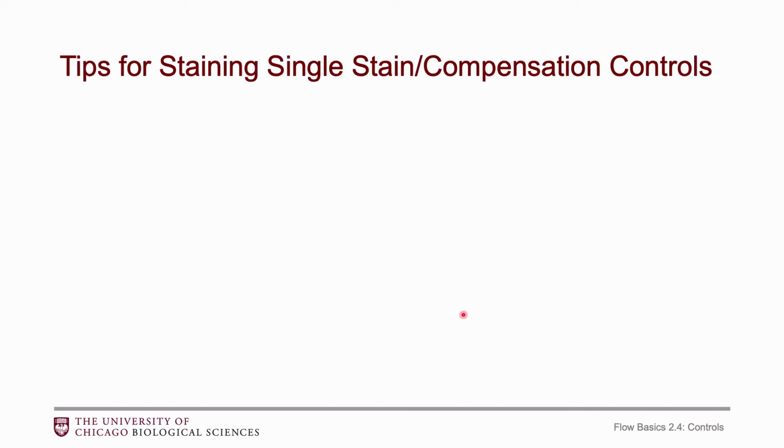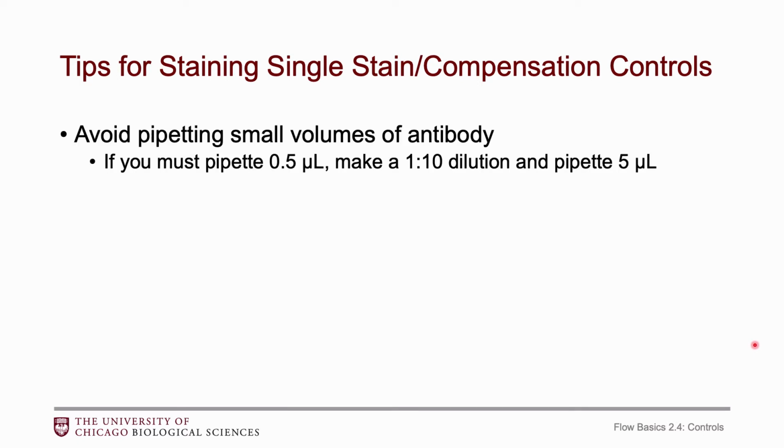Now for staining your controls, I do want to keep reminding you that pipetting is a source of error, so please do not try to pipette very small volumes. Hopefully, based on my previous videos, I've convinced you that you need to titrate your antibodies, and that may mean that some of your antibodies require very, very small volumes.